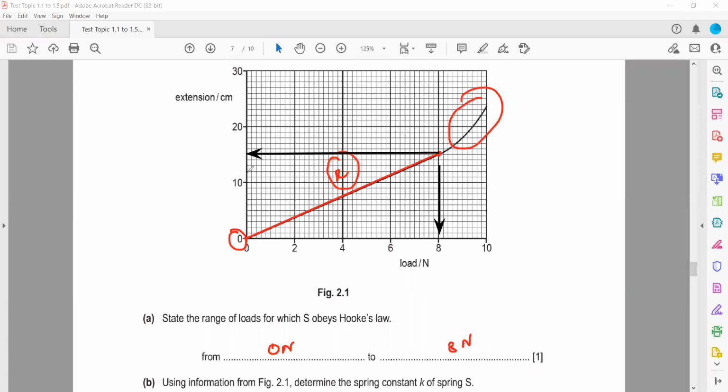So 10, 11, 12, 13, 14, 15. So this is 15 centimeter. You can convert into meter, but it is 15 centimeter, and here the force is 8. The value of K is force divided by extension. So 8 divided by 15, we get 0.53 Newton per centimeter.